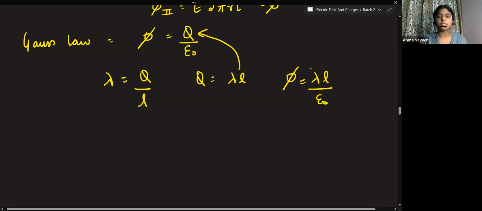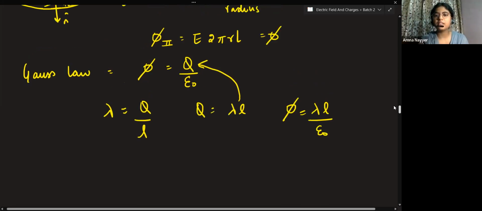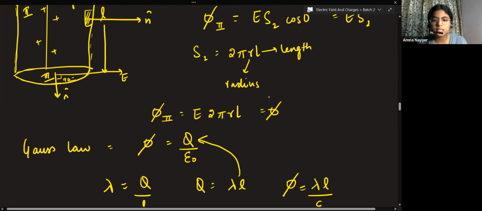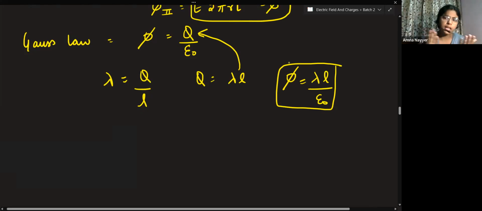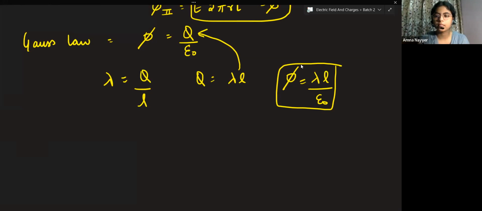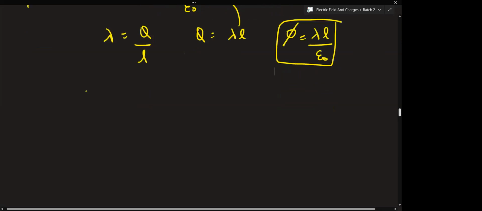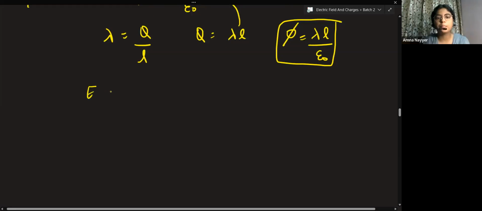So you have two flux values with you. One value is E 2 pi RL. The other value is lambda L by epsilon naught. So both of these fluxes are equal, so I can equate them. E 2 pi RL will be equal to lambda L divided by epsilon naught.